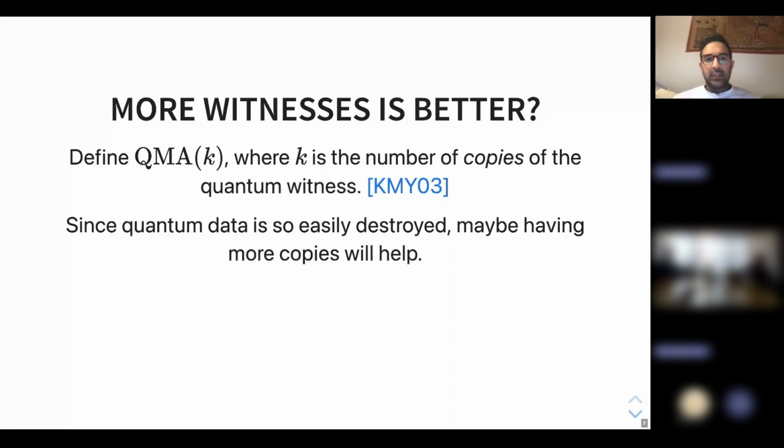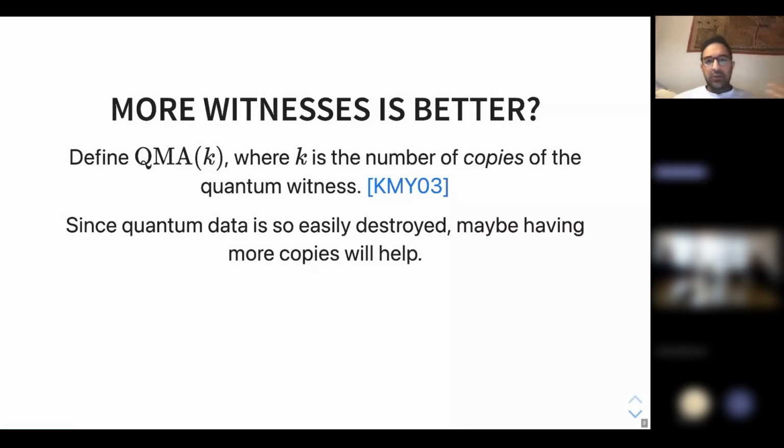Initially people thought, okay, let's do K tensor product things, so each state could be different. I think that's where the name initially comes from, a multi-party thing where you have two provers and they each send you something. But I found it more helpful to think about just the number of copies.